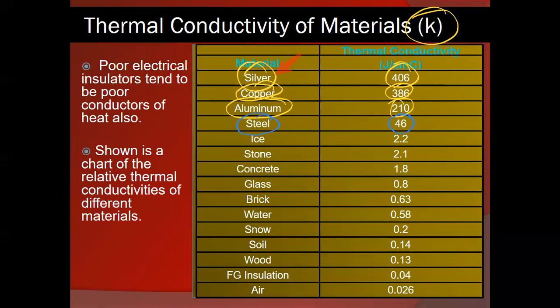So buildings made out of concrete, brick, and glass windows, the conductivity is moderate. It's not great, it's moderate. So if I try to heat my home with just this on the outside, I'm going to lose a lot of heat to the environment, or I'll have a lot of heat come in during the summertime.